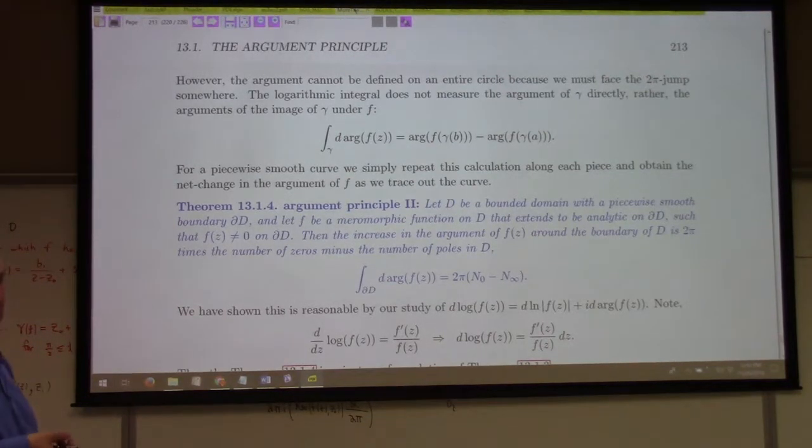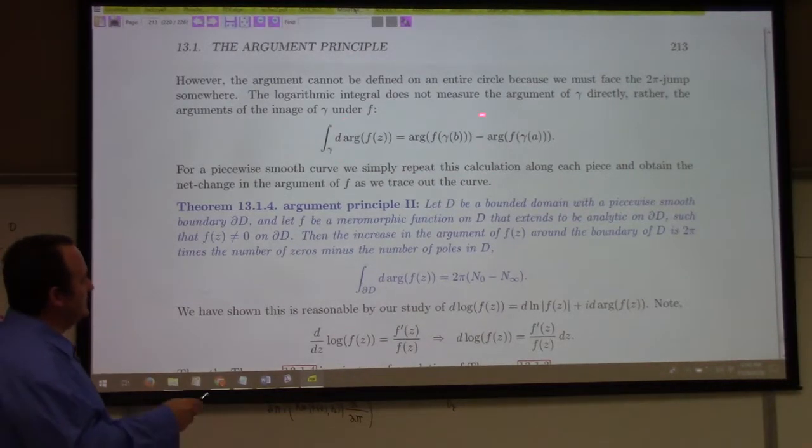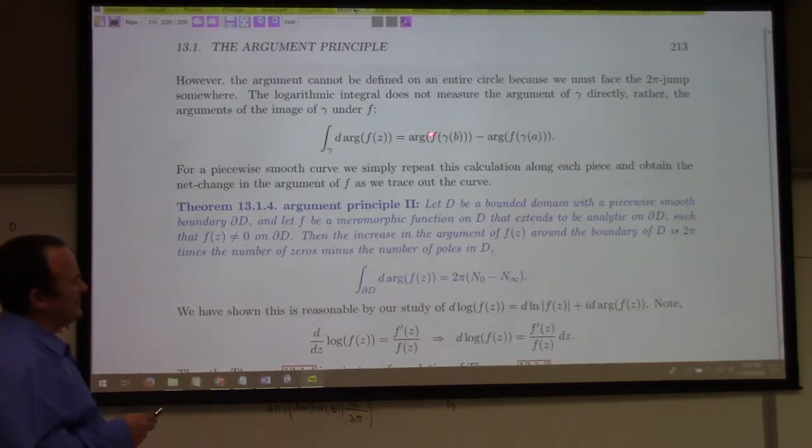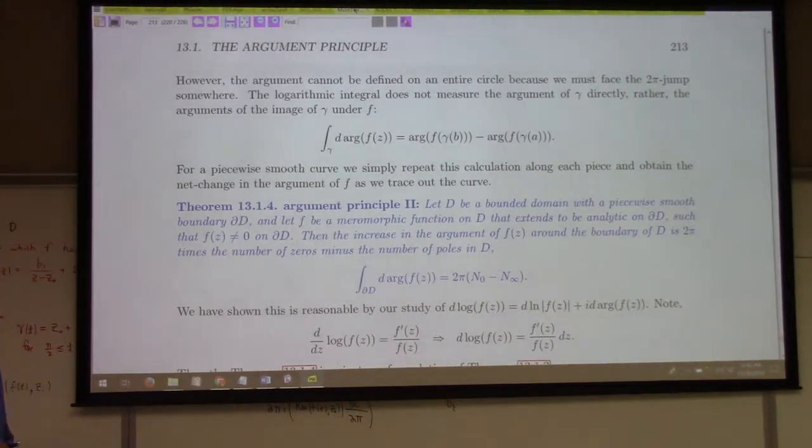You can't just calculate that from the values at the endpoint. It's more complicated. But anyway, setting aside this which needs to be removed, I don't think that's true anyway. If we integrate the differential of the argument, we should get 2 pi times that, because, again, the log piece goes away, and we just have that. All right.